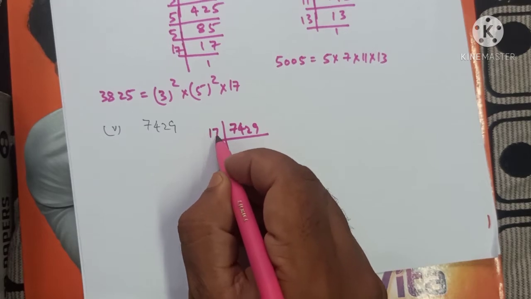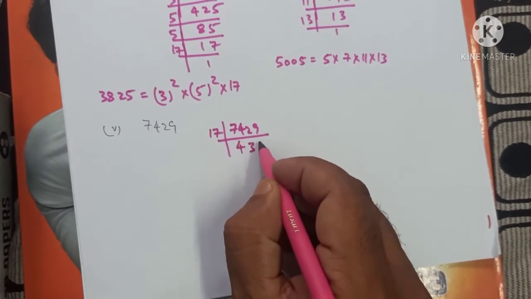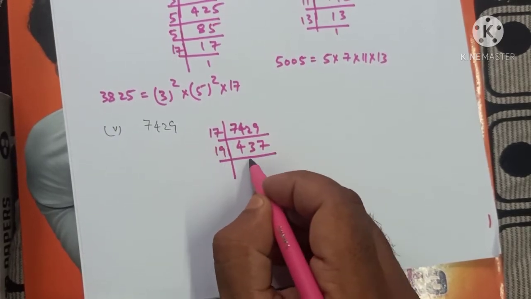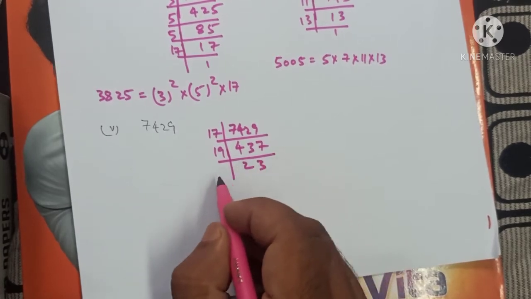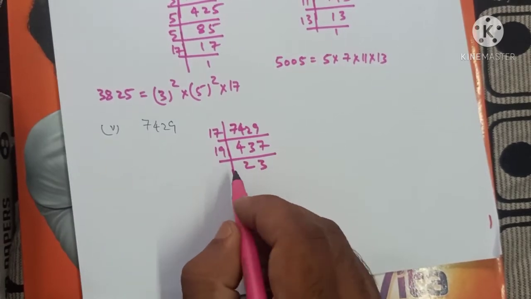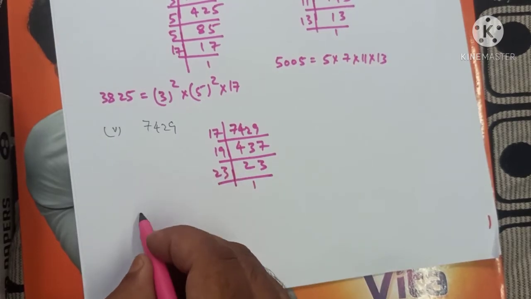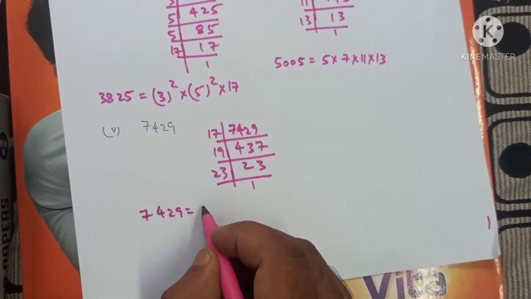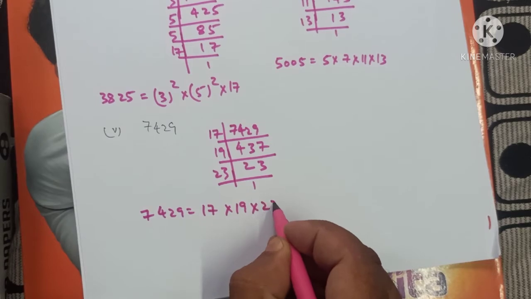It will go with 17. 19 2s are 38, and 23 is again a prime factor. So we can say that 7429 can be expressed as a product of primes as 17 into 19 into 23.